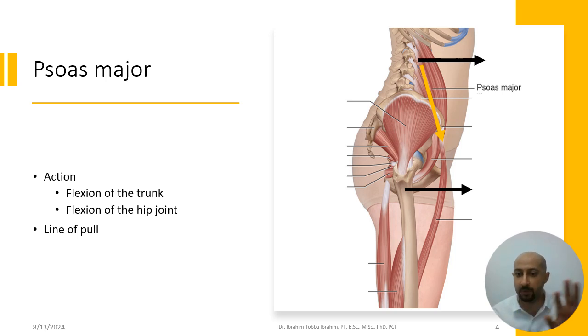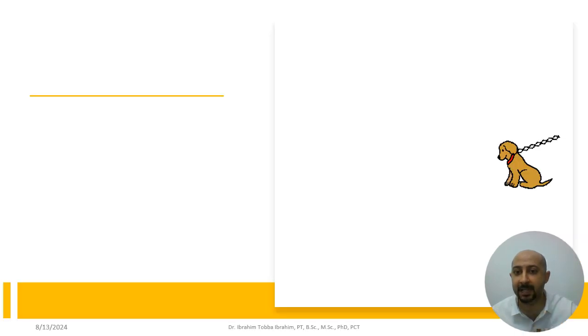Now let's put the psoas major aside and look at the next picture. We have here a dog tied up with a leash and chain. If the dog starts to move forward, the leash and chain will stop him. If the dog starts to sit down, the leash and chain will stop him. We can reimagine this chain as two chains.